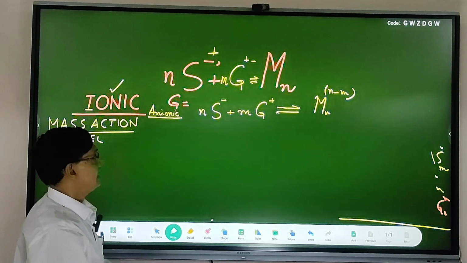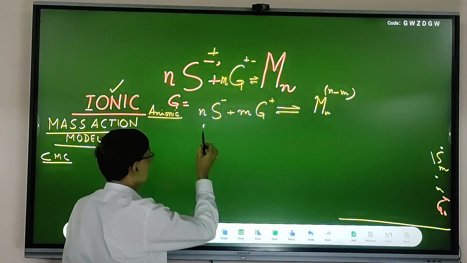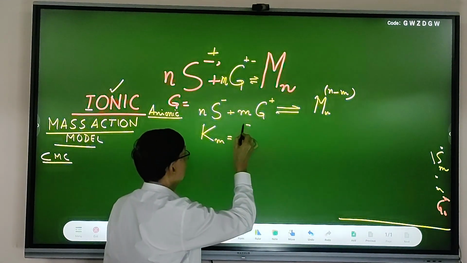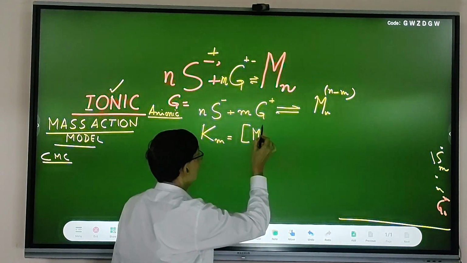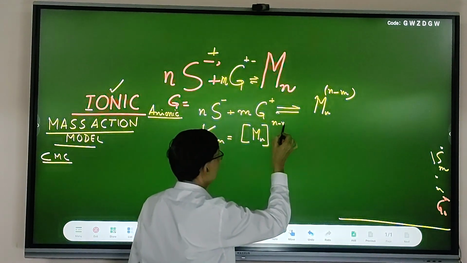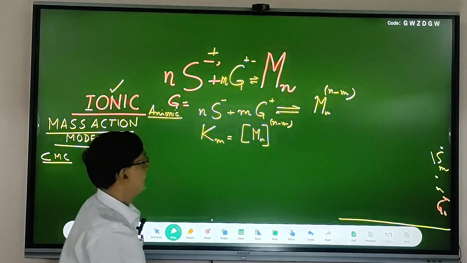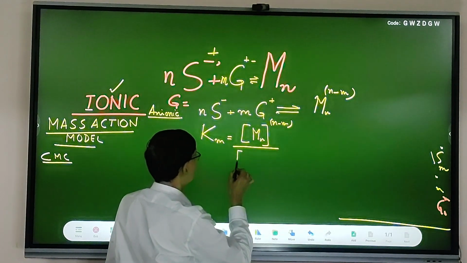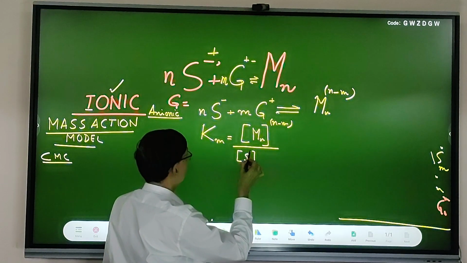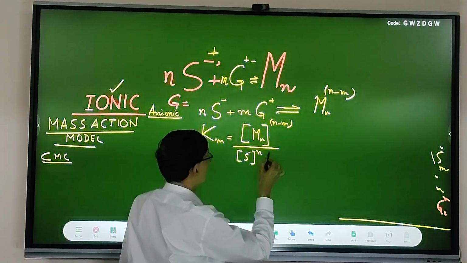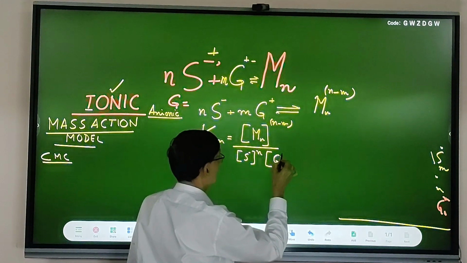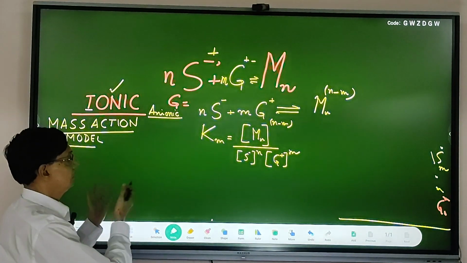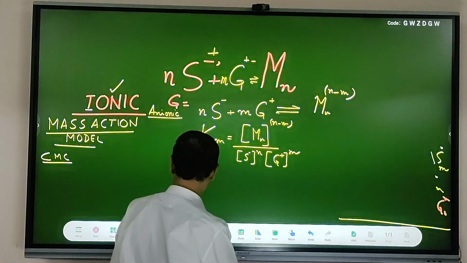So exactly the same, just like your non-ionic surfactant, K M is equal to M N. We should not be worried about this thing because generally it cancels, it is a constant value, but we should be careful about these things. Don't worry about this minus or plus, exactly the same, just like your non-ionic surfactant.